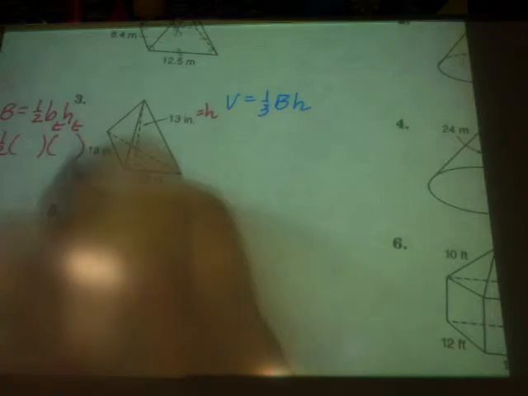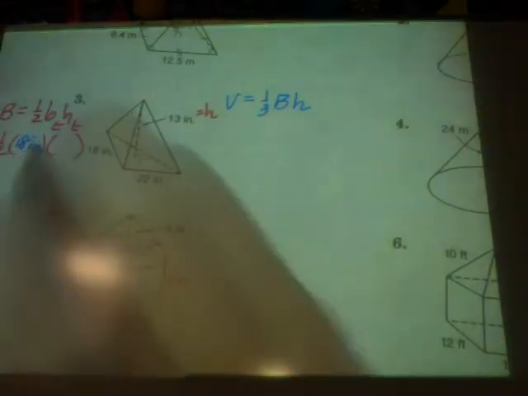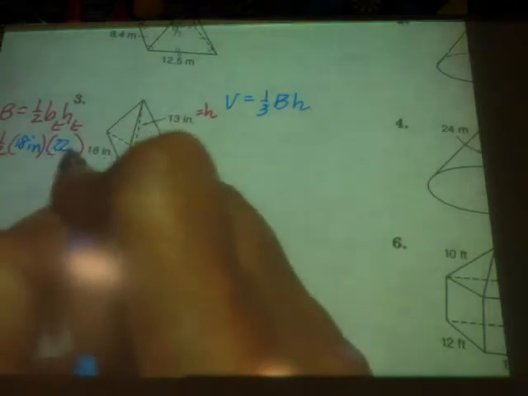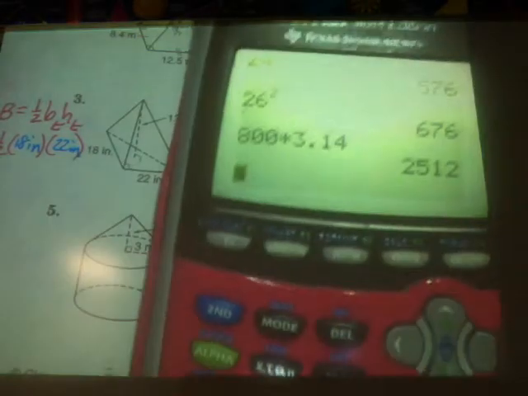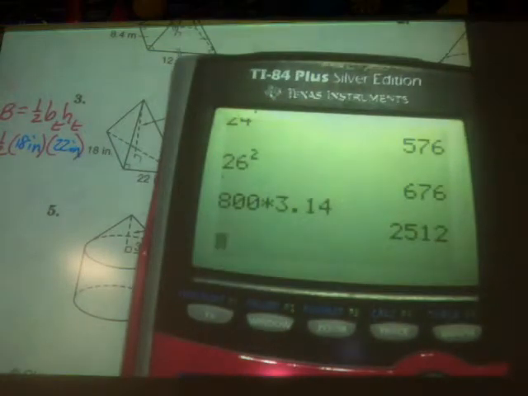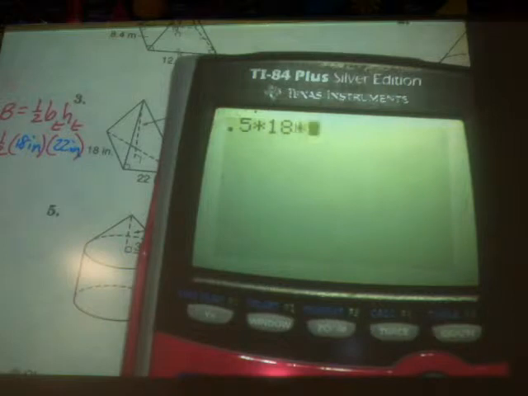So plug in what you know. I'm going to use 18 inches for my base and 22 inches for my height. So 0.5 times 18 times 22.